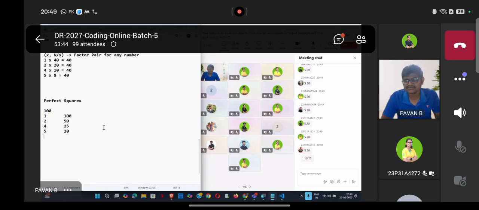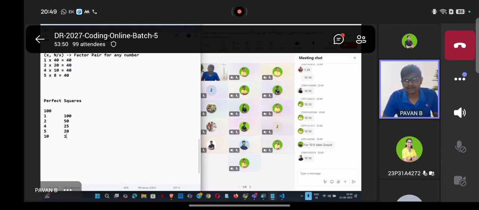What is the next pair? That's 10 and 10, right? Now 10 and 10, are they two different numbers or the same number? Same, right? Now in our logic, we didn't check this, and we are counting 10 two times.